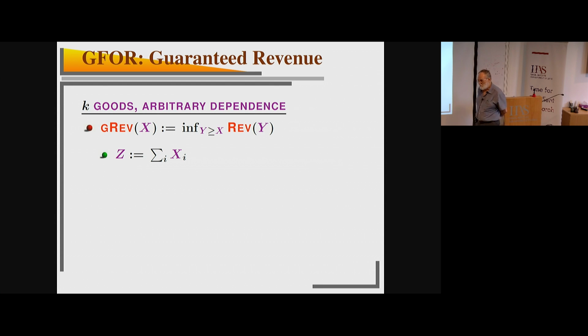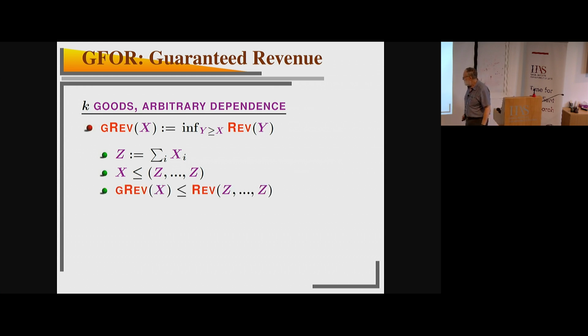Now, x, which is x1, x2 up to xk, is less or equal than z, right? Because x1 is less than the sum, they are all non-negative. So x1 is less than the sum, and x2 is less than the sum, and xk is less than the sum. So if you look at the valuation that is z for good 1, z for good 2, z for good k, then it's a higher valuation than x.